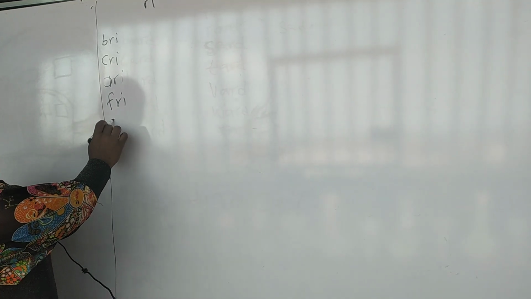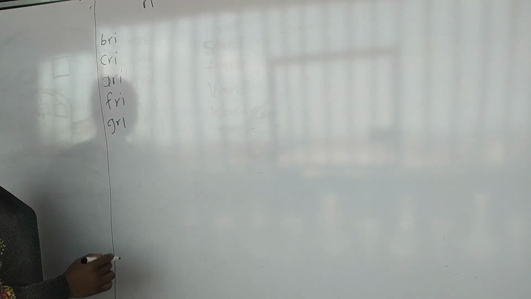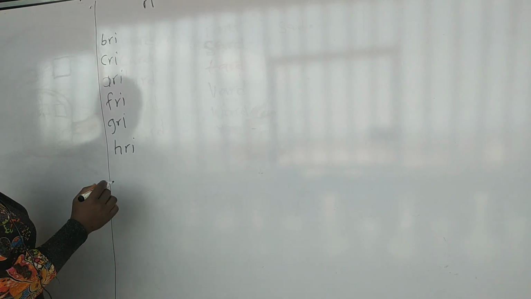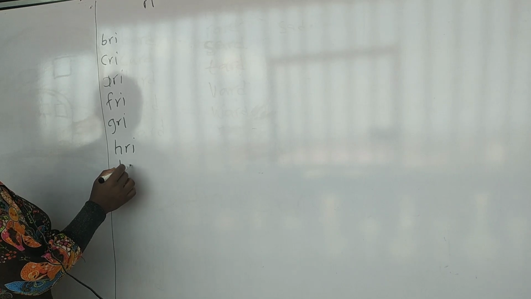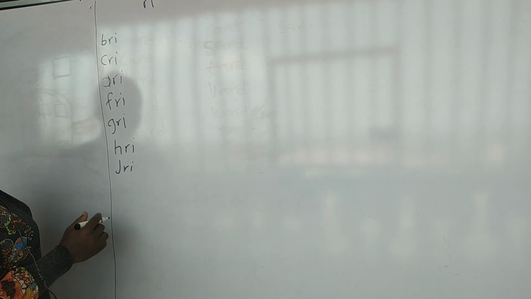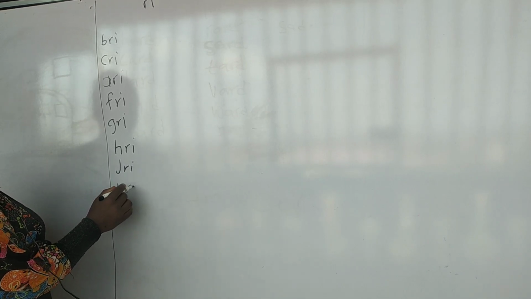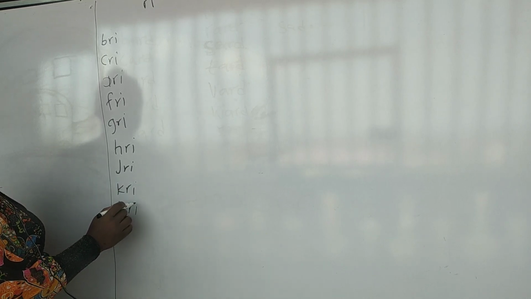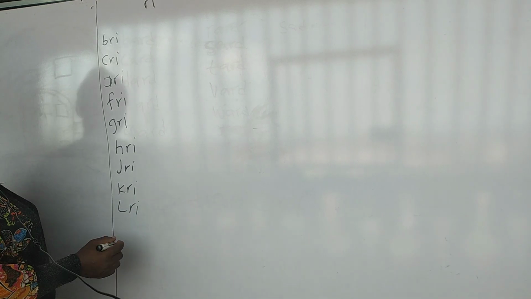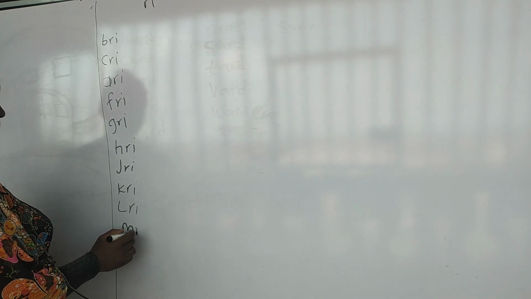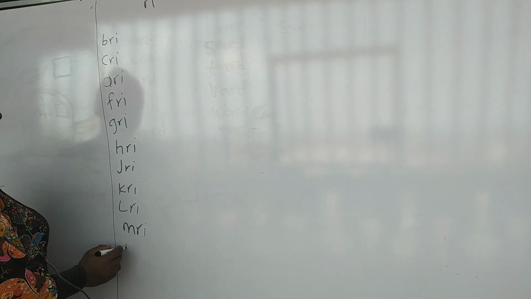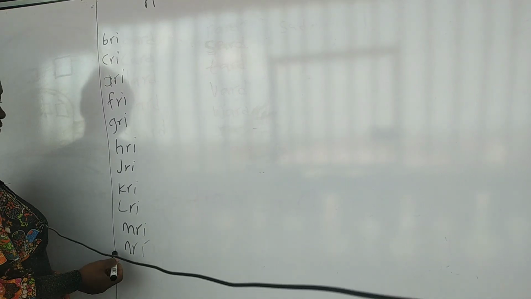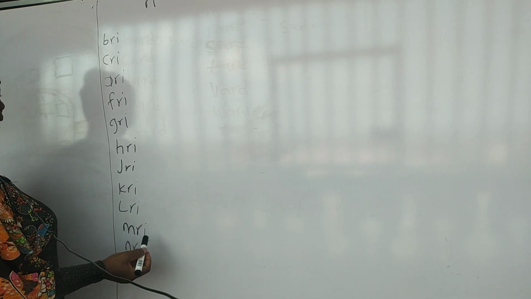So we have the gri, the G, we have the hri, the H, we have J, dri, K, kri, L, ri, ri, we have the M, ri, we have the N, ri, ri. So we have ri, mli, ri.